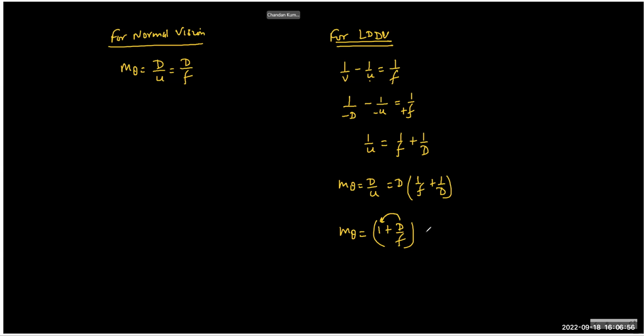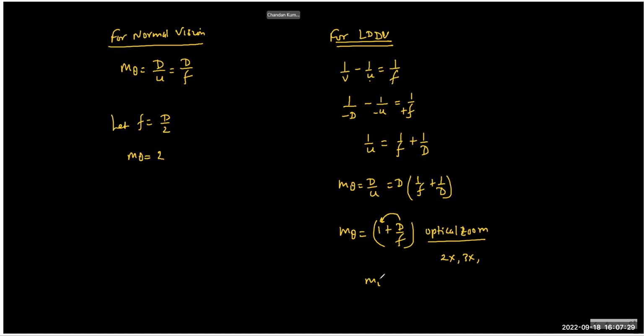In terms of camera, we call this optical zoom. And how do we express it? By some number, 2x, 3x, which means how many times. So you can see that if the D by F turns out to be, let's say 2 here, let's say if I choose f as d by 2, then m theta will be 2.